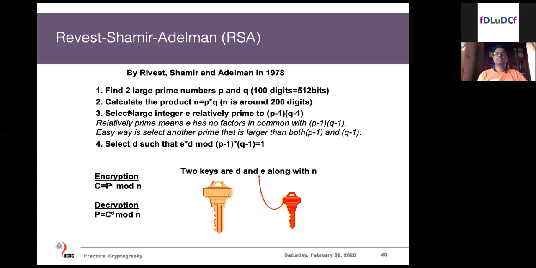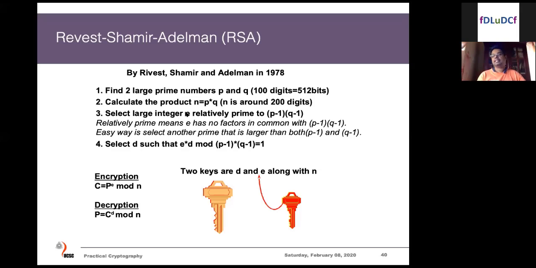After these two steps, the RSA algorithm says we need to select an integer that is relatively prime to (P minus 1) multiplied by (Q minus 1), right? The simple way of doing it is to find another prime E which is less than this. If you find another prime number E, that is definitely relatively prime.